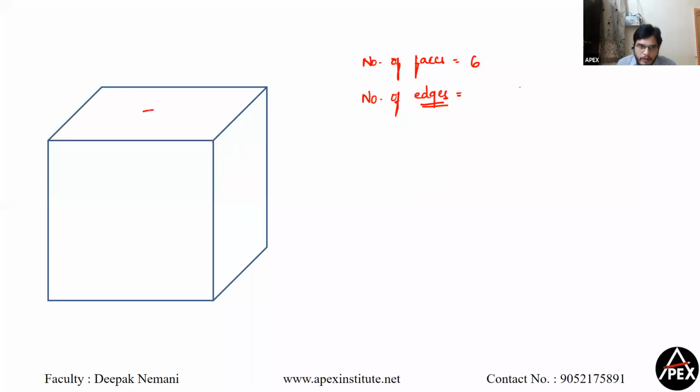So if I consider this is the top face, this is the front face, now this line joins the top face and front face, isn't it? This is the line common between the top face and front face. So this is called an edge. Okay, likewise, 1 minute.